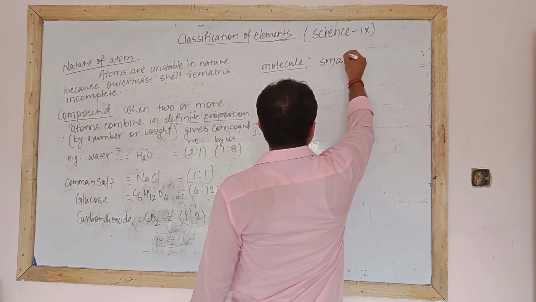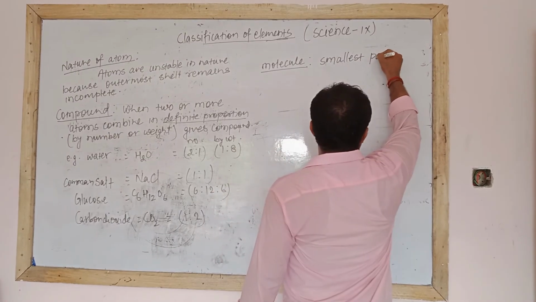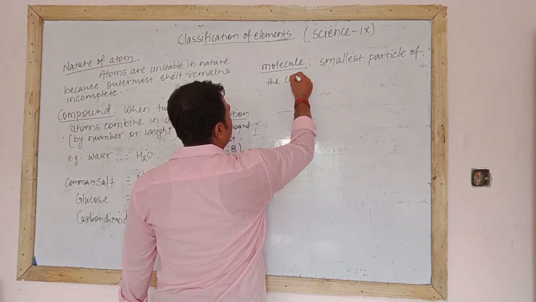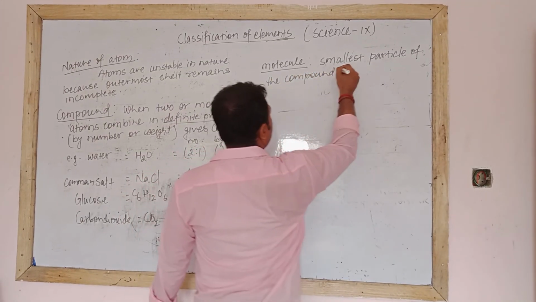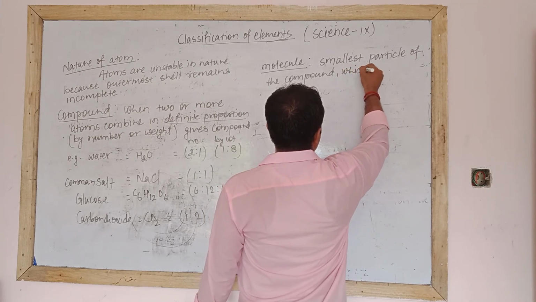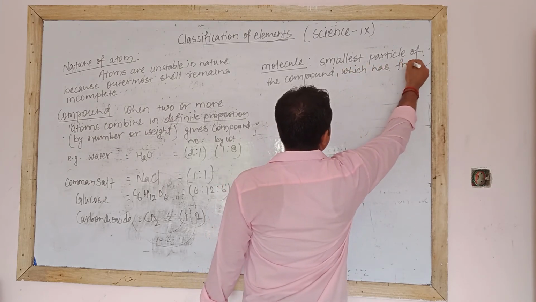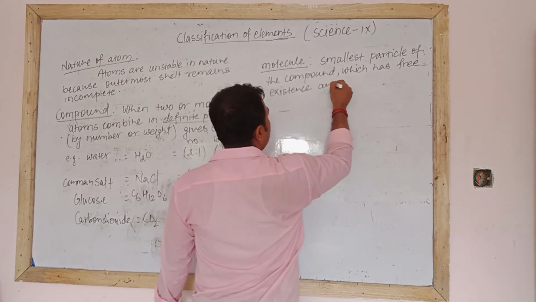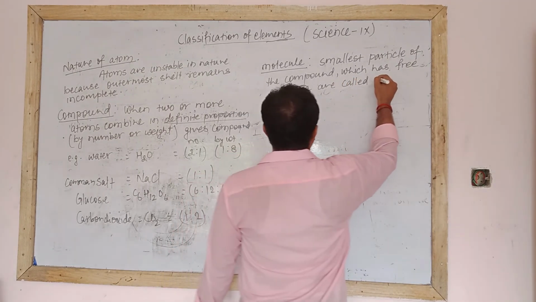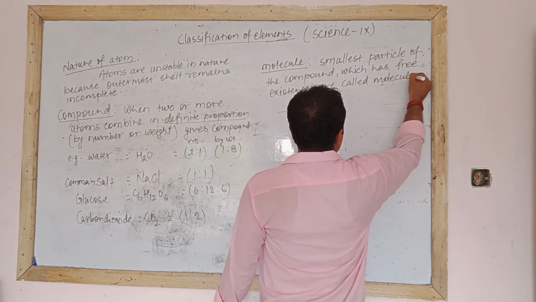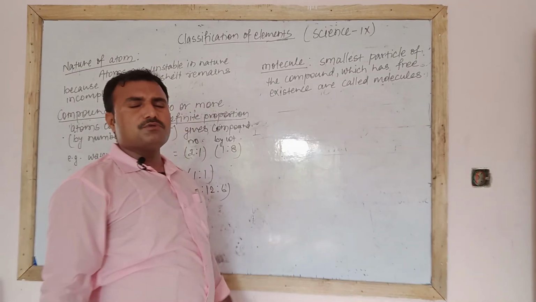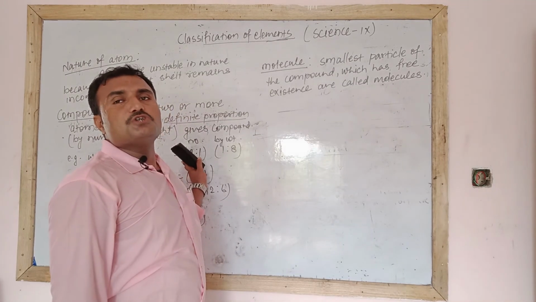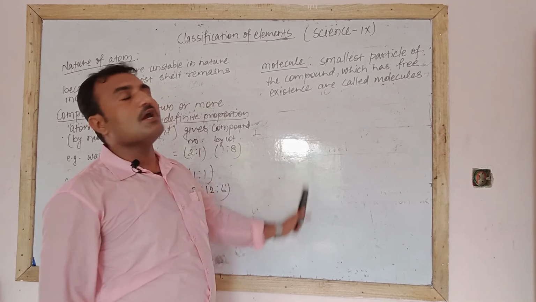We define a molecule as the smallest particle of the compound which has free existence. When a compound is broken down into tiny particles, if each particle has all the properties of the compound, then it is called a molecule.